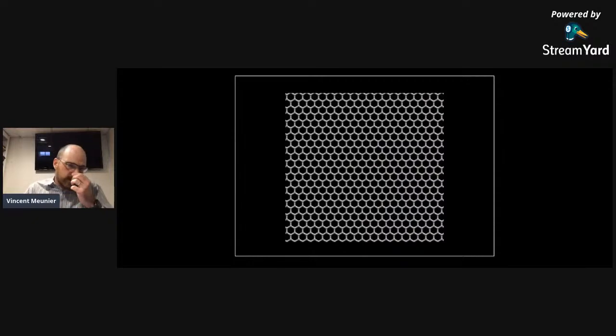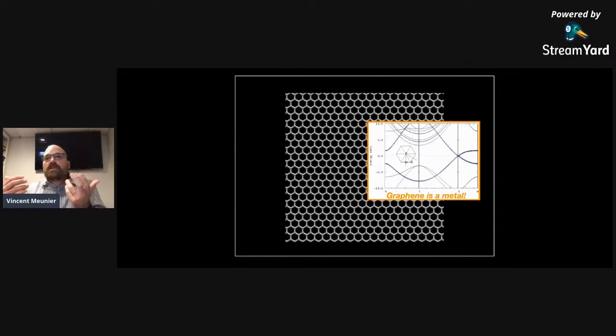So when you look at graphene, of course, it's well known, and graphene is very interesting with this Dirac cone here. But it's a semi-metal. The point is that if you look at the Fermi energy right here with the horizontal line, the conduction band and valence band touch at one point, and in fact there is no gap. So the gap is zero. Okay, so that means that it's a metal. Now, if you try to do electronics, you usually don't want to have a metal.